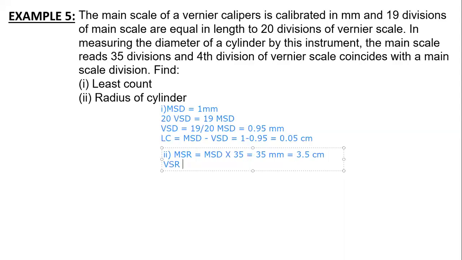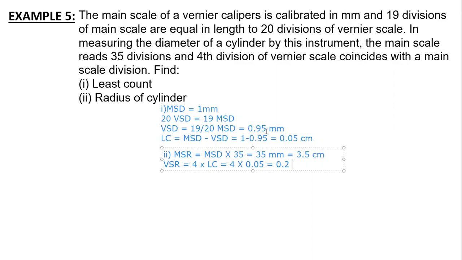So the vernier scale reading will be the fourth division into the least count, right? So 4 into 0.05 is how much? 0.2 centimeter. How come centimeter?